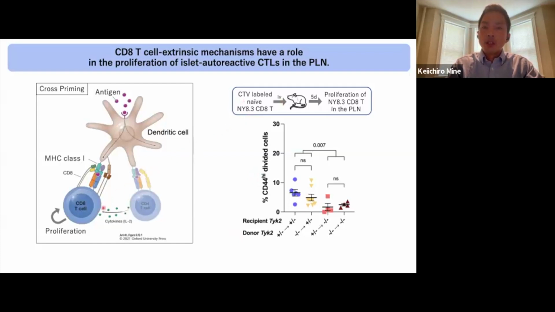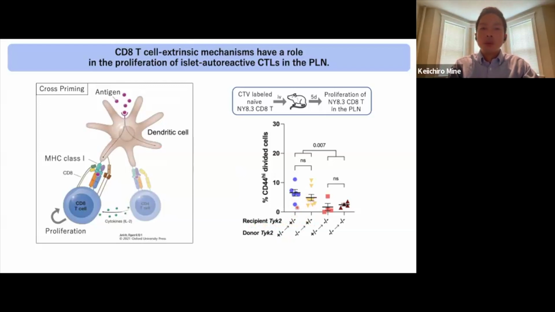Naive CD8 T cells are primed by dendritic cells through MHC class 1. This process is called cross-priming. The transferred naive TYK2 heterozygous knockout or TYK2 knockout CD8 T cells into TYK2 heterozygous knockout recipient mice resulted in proliferation in the pancreatic lymph node 5 days after transfer.